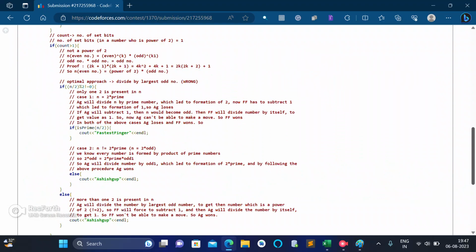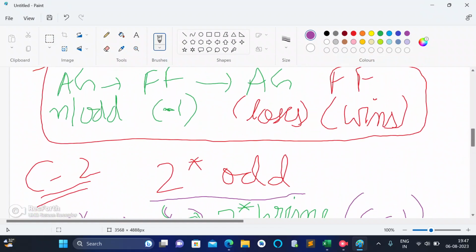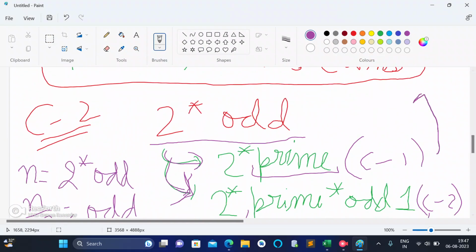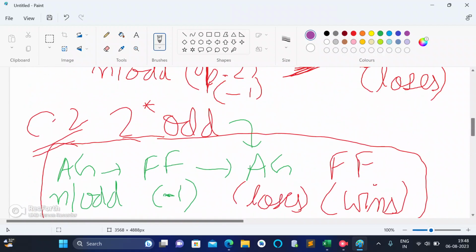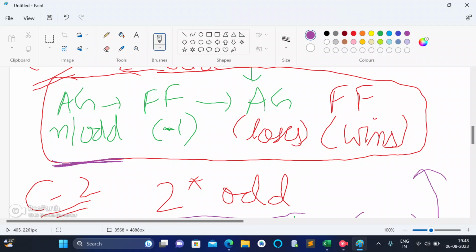So let's say in case 1 it is the product of 2 into prime. If it is a product of 2 into prime, we can apply the above thing which we have said: Ashish Gupta will say n is even, so Ashish Gupta will divide n by the odd number, which here is actually prime.